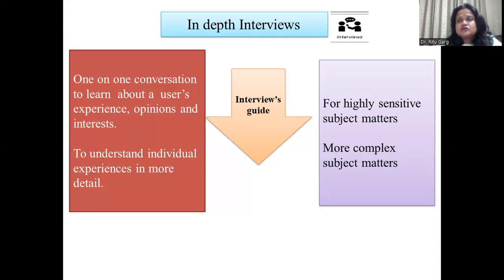In these types of issues, in-depth interviews can be helpful for the research purpose. In-depth interviews are also used for knowledgeable persons. If the participants are more knowledgeable and the subject matter is more complex, we can hold in-depth interviews.